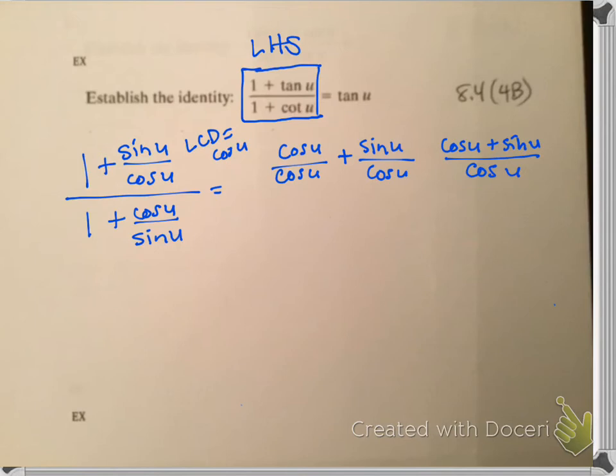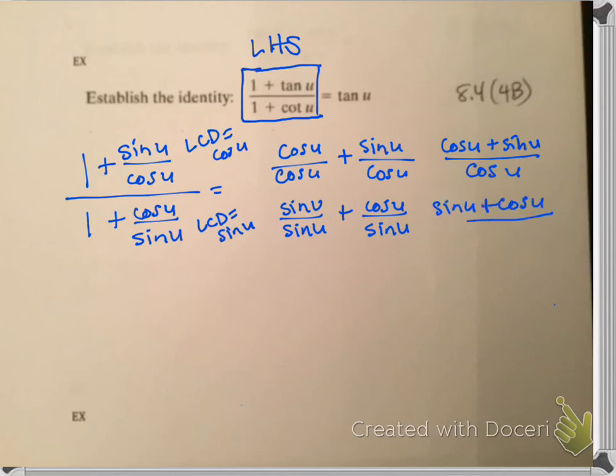Okay, let's work in the denominator here. The LCD here is sine u. So I get sine u over sine u plus cosine u over sine u. And let's see what happens. I get sine u plus cosine u all over sine u.